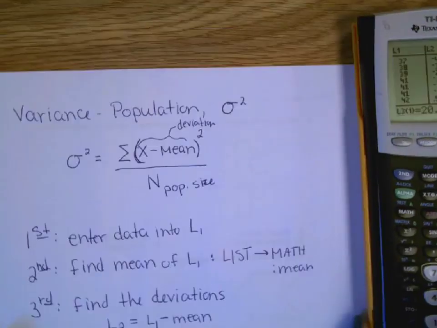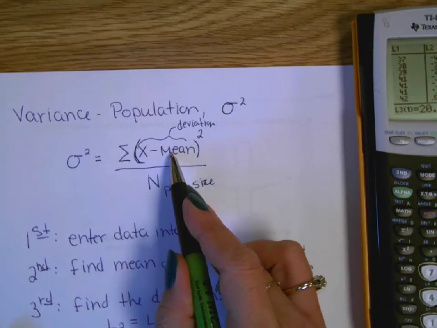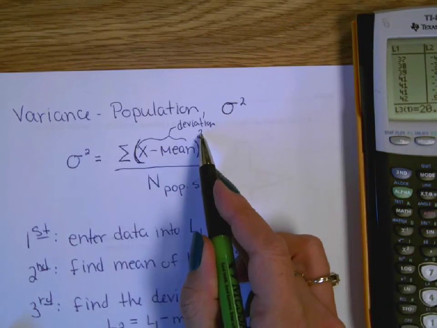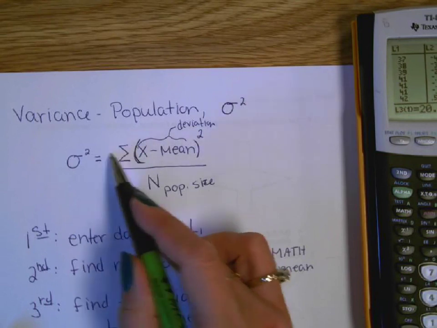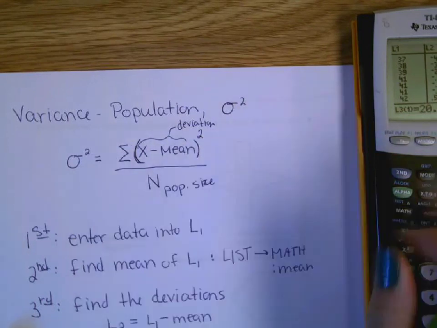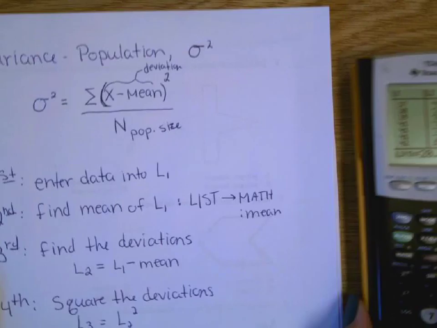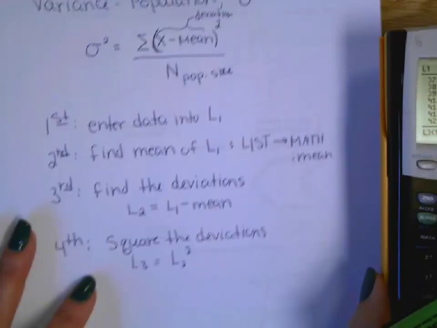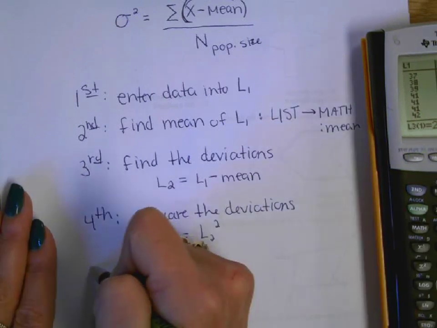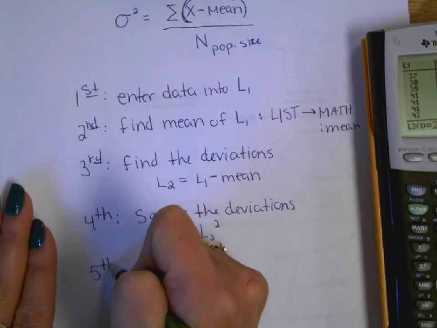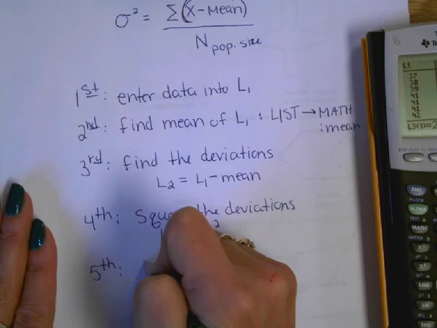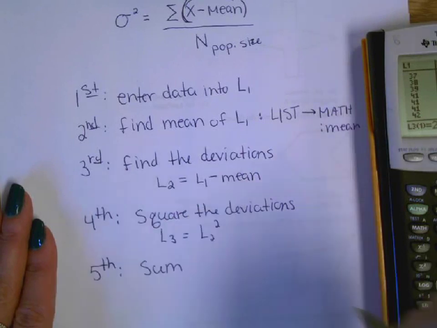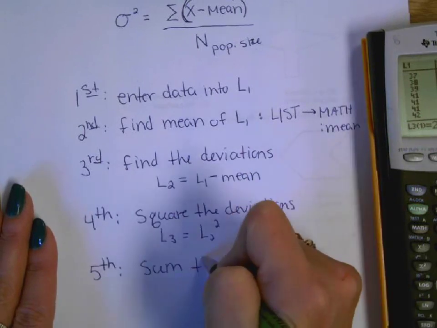Okay. Looking at the formula, we've done the subtracting and we've done the squaring. Now I want to add up all of those squares. We can use that list math to sum up a list. We did that before. So our fifth step is going to be to sum the squares.